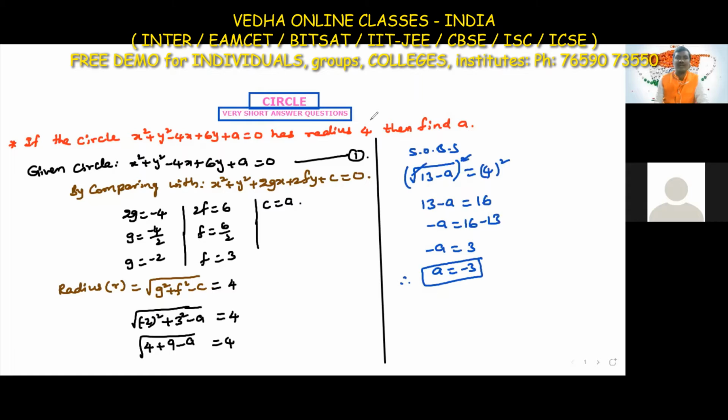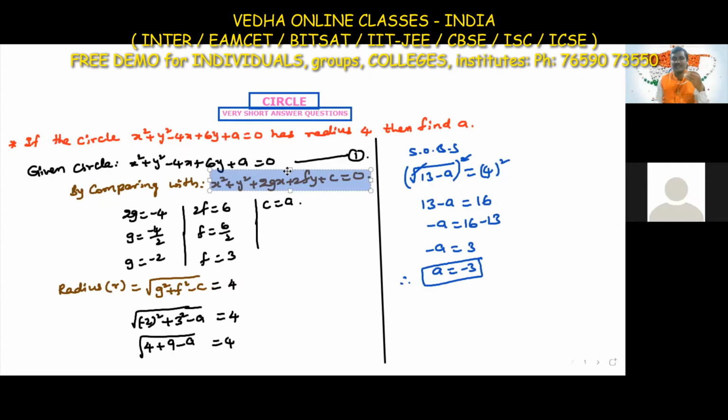What formulas did we use here? Once briefly we'll discuss. The first one is the general equation of the circle: x square plus y square plus 2gx plus 2fy plus c equal to 0.